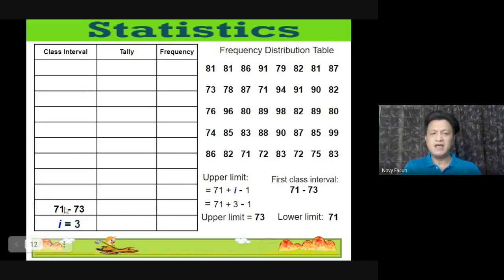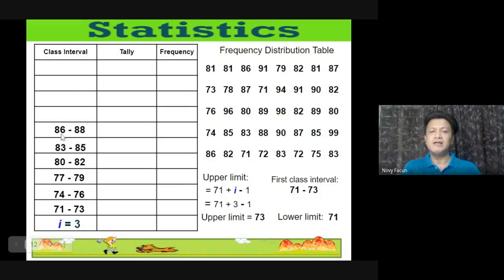Okay, and magpa-plus 3 tayo, kaya that is 74. Di ba? 71 plus 3, 74 yun. 73 plus 3, 76. Mag-plus ka ulit ng 3, kaya that is 77 to 79. Another plus 3, that is 80 to 82. Then another plus 3, 83 to 85.